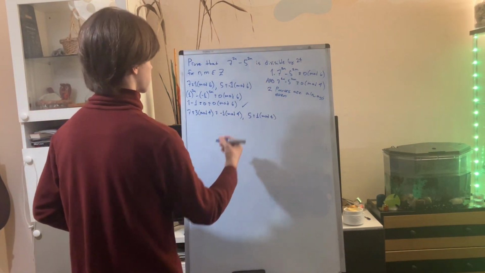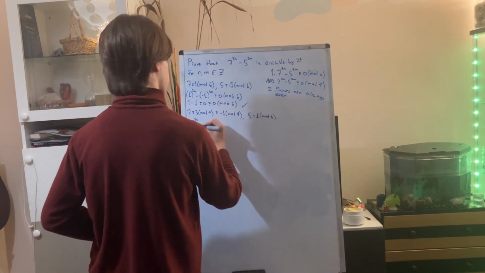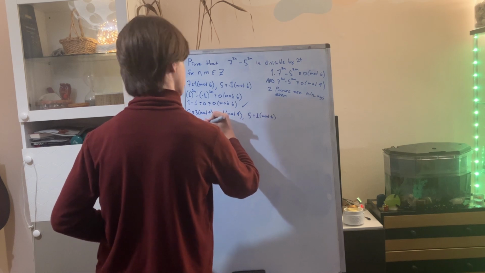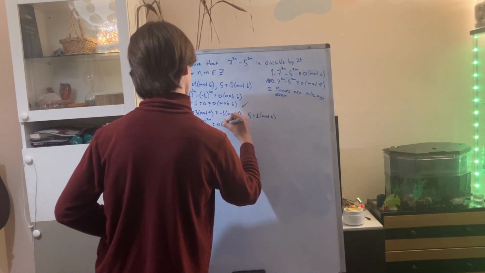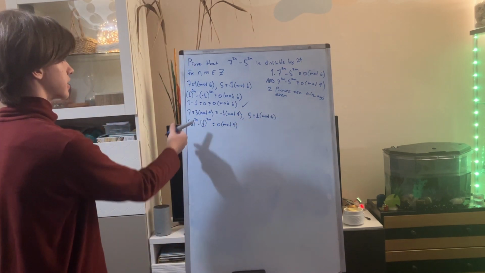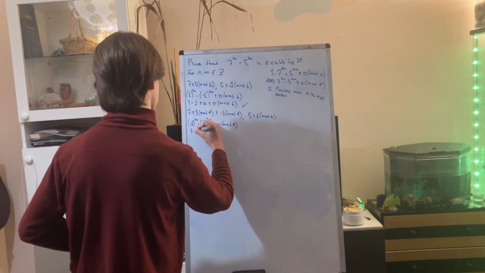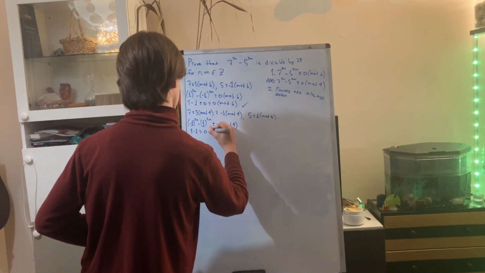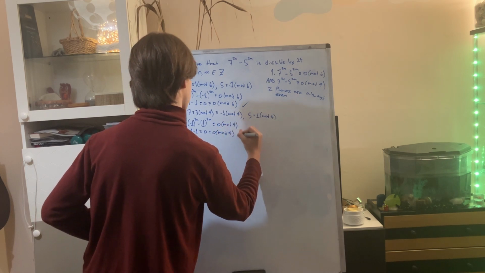And just like in the previous mod 6 world, we can use our substitution and get basically the same thing. Look at minus 1 to the 2n minus 1 to the 2m is congruent to 0 mod 4. And using our same notes for negative even powers, we in fact get that 1 minus 1, which is 0, is congruent to 0 mod 4.